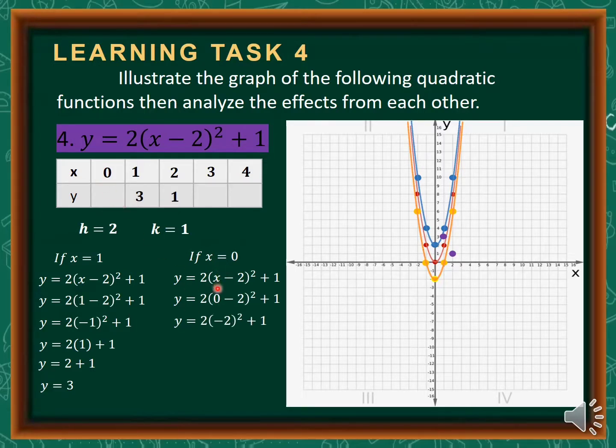Negative 2 squared, we have 4. 4 times 2, we have 8. 8 plus 1, we have 9. So therefore, if the value of x is 0, y is positive 9. So dito, i-plot ulit natin. We have 0, 9.